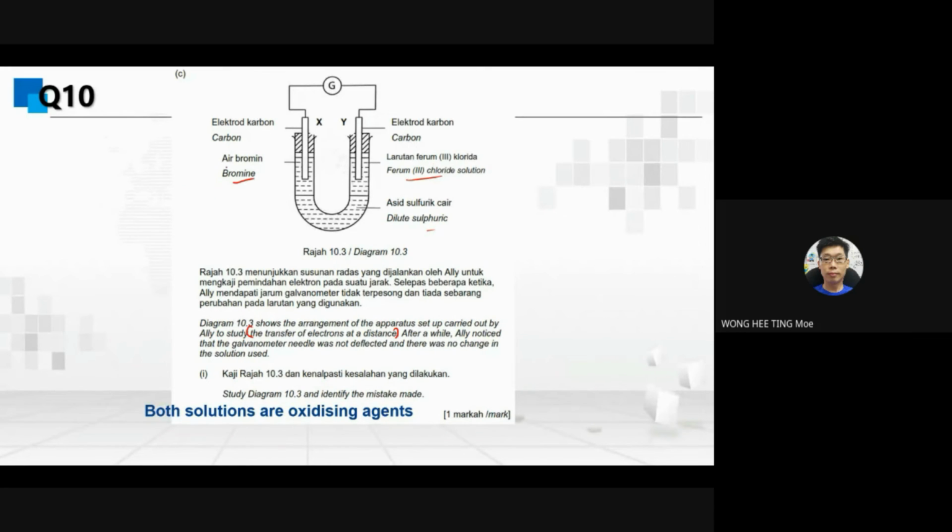Very simple: bromine changes to bromide, 0 to -1, gaining 2 electrons, so reduction. Then iron(III) changes to iron(II), gaining electrons also, so reduction. Both are reduction, so it cannot work.